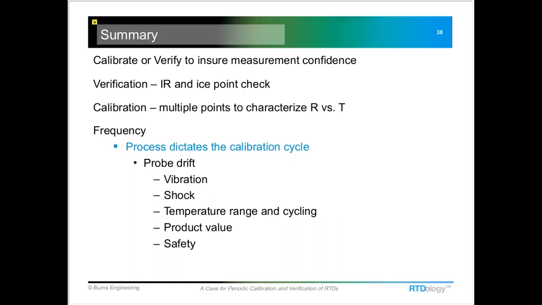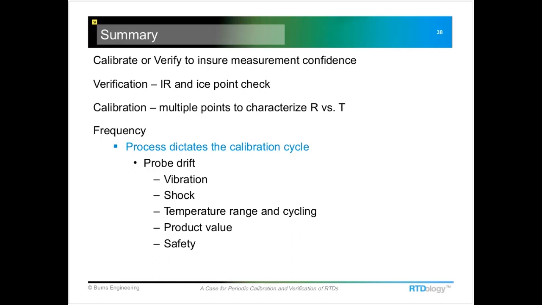If we need a more exacting check of the probe, we can do a full calibration where we'll do multiple points. And then some mathematical equations can be used to define the exact shape of that temperature curve.